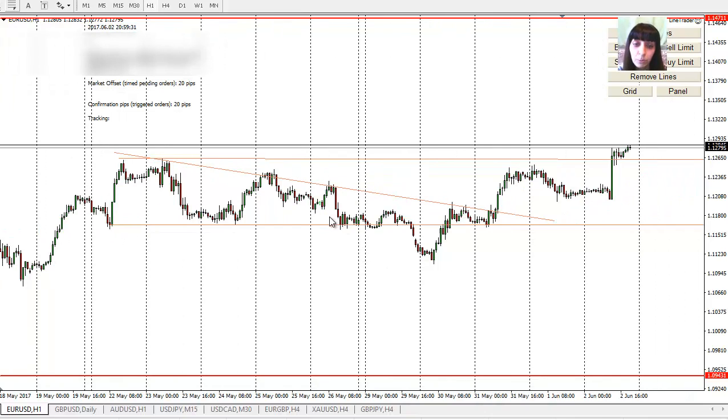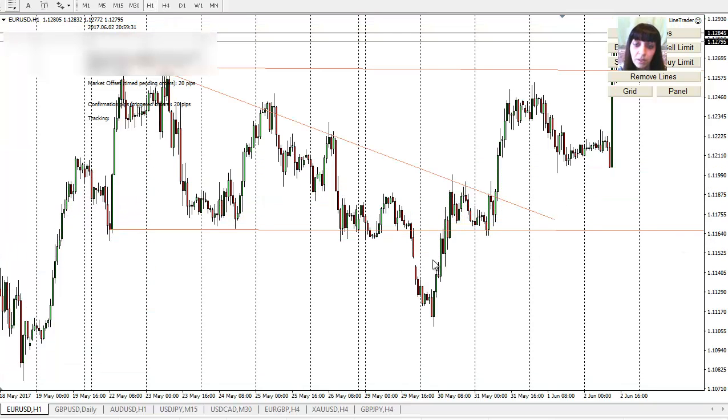I left it from the previous week, and on Monday it was triggered, and I got into this small trade. It wasn't very big because the market turned around and went back into this important area. So I was out by my usual trailing stop with a profit, and I didn't place any buy orders on the break of that level.